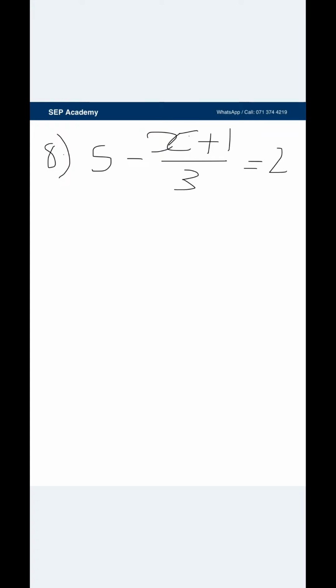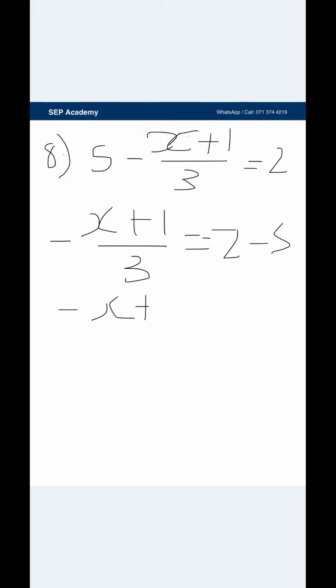It shouldn't be complicated, because I will just take that 5 to the other side. So that means here I'll just remain with that, which should be equal to 2 minus 5. Then I'm definitely having my negative x plus 1 over 3, which is going to be equal to, definitely this will be negative 3.